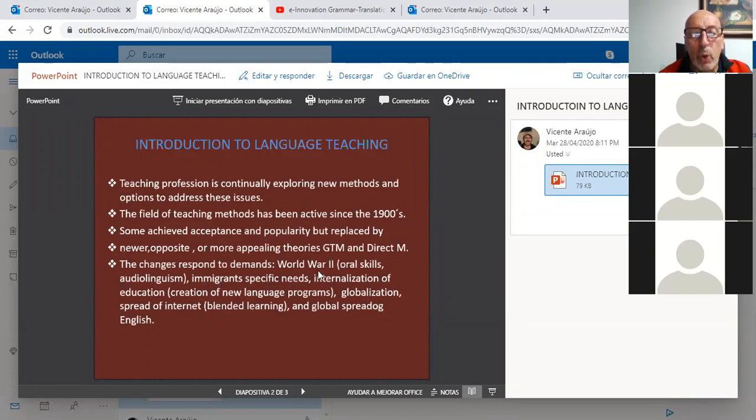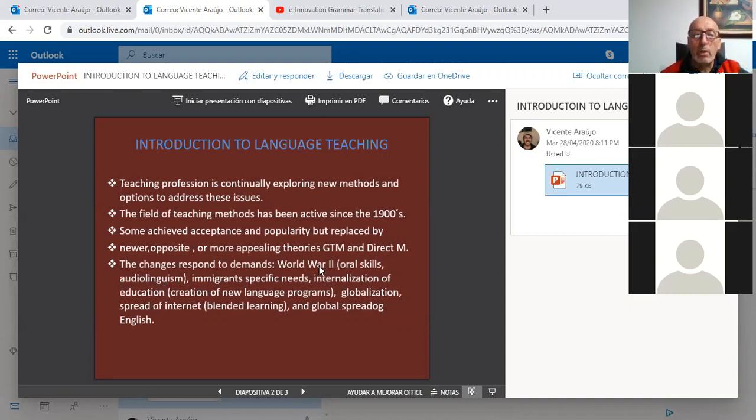For example, in the World War II, the army demanded the knowledge of all skills, not writing, not reading skills, just the oral skills, listening and speaking. So that's why the audiolingualism, the audiolingual method appears.